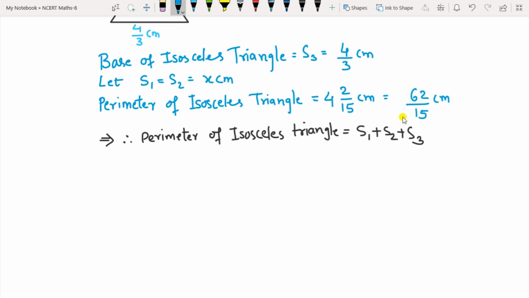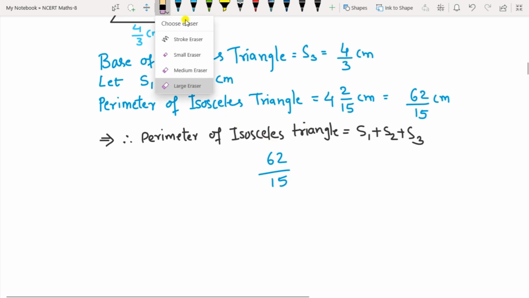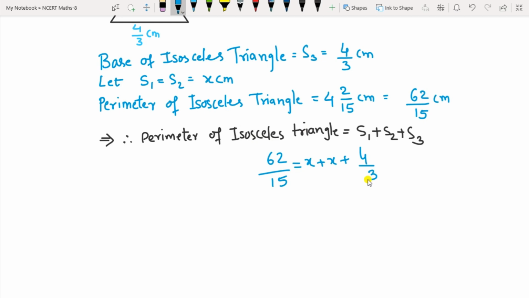Now substitute the values. The value of perimeter is 62 by 15, equal to x plus x plus 4 by 3, that is 2x plus 4 by 3.